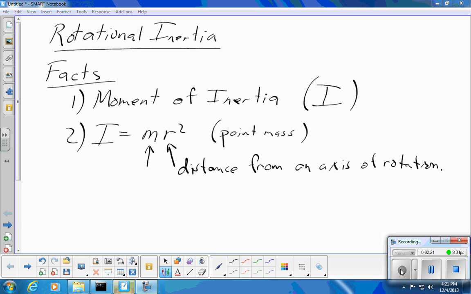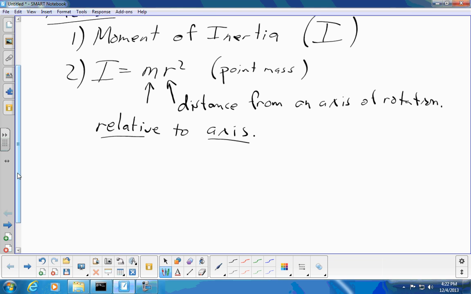So the important thing here is to recognize that moment of inertia is a quantity that is measured relative to some axis, a point. And it's going to be a point on a two-dimensional piece of paper. That's going to be where the axis is. And so it is incorrect for a problem to say, there is a 3 kilogram ball, what is its moment of inertia? Period.